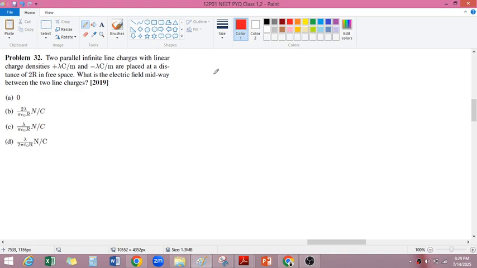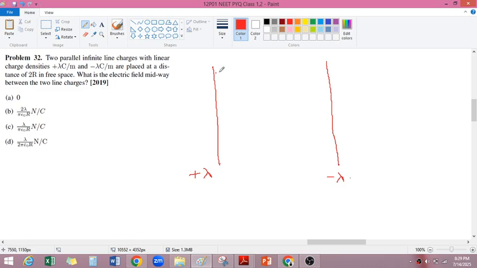Two parallel infinite line charges with linear charge densities plus lambda and minus lambda.